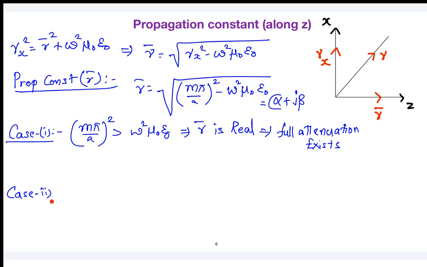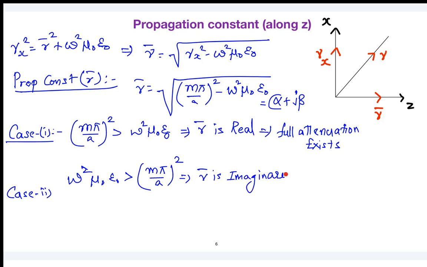So what is the condition? When omega square mu naught epsilon naught is greater than m pi by a whole square, your gamma bar is purely imaginary and you don't have any attenuation.